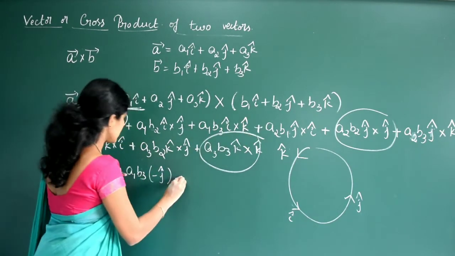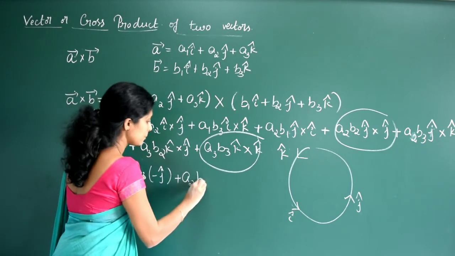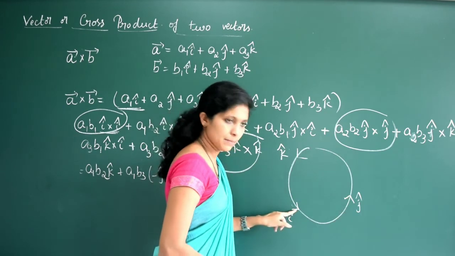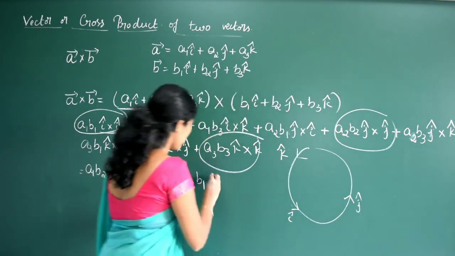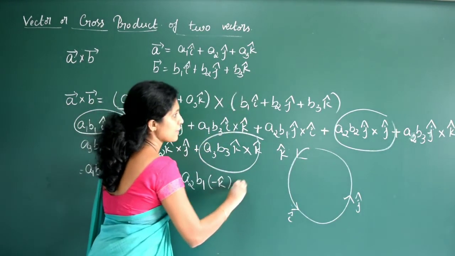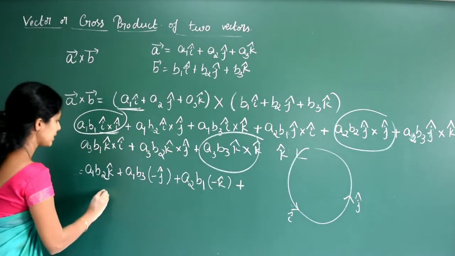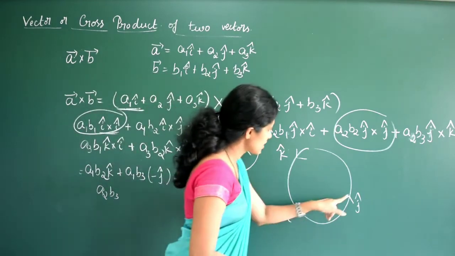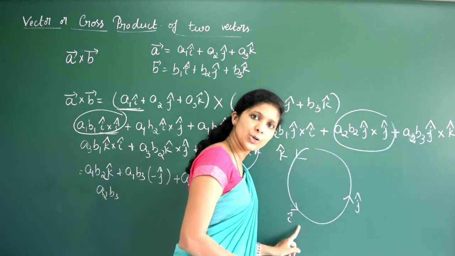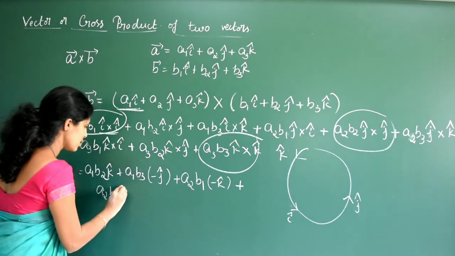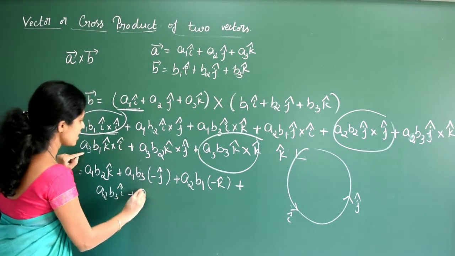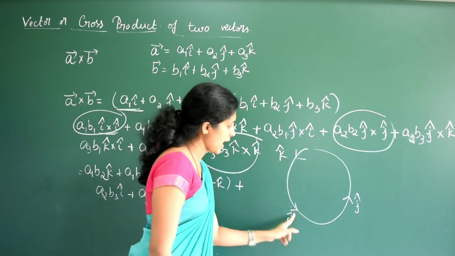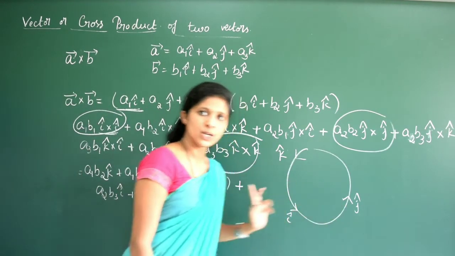Third one, a2 b1 j cap cross i cap, again opposite, so it will be equal to minus k cap. Plus a2 b3 j cap cross k cap will be equal to i cap, simple. Plus here a3 b1 k cap cross i cap, same direction, so it will be equal to j cap.